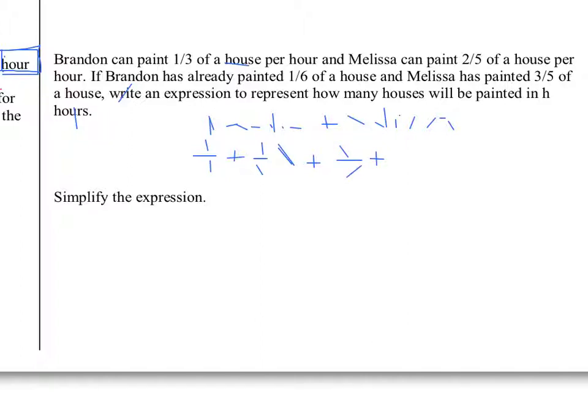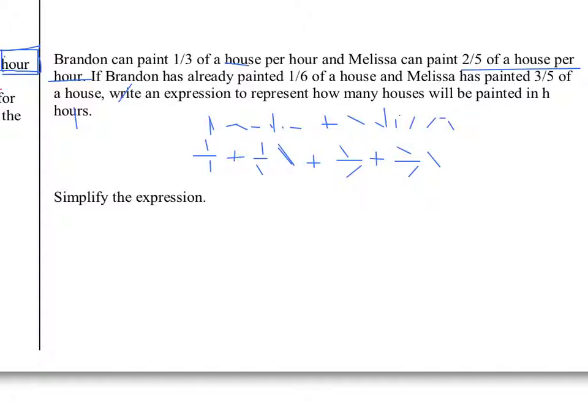And she's going to continue to add to that total over the next few hours. At what rate? Kelsey. Yeah, 2/5 houses per hour, which means 2/5 times H would tell us how many houses she paints in H hours.